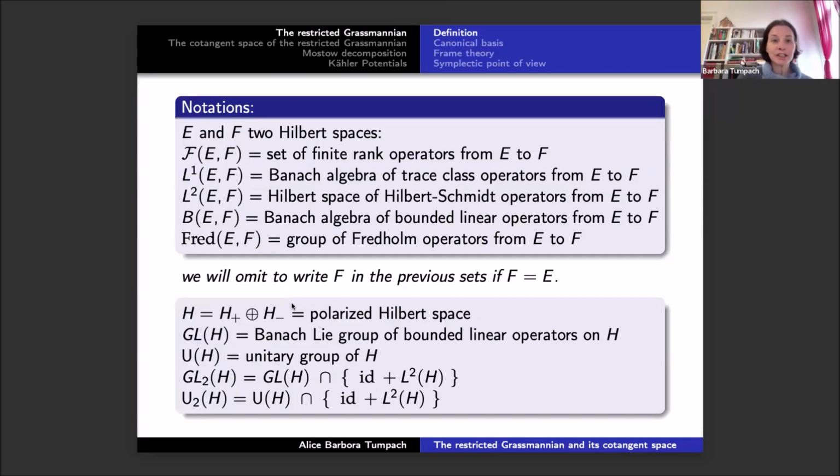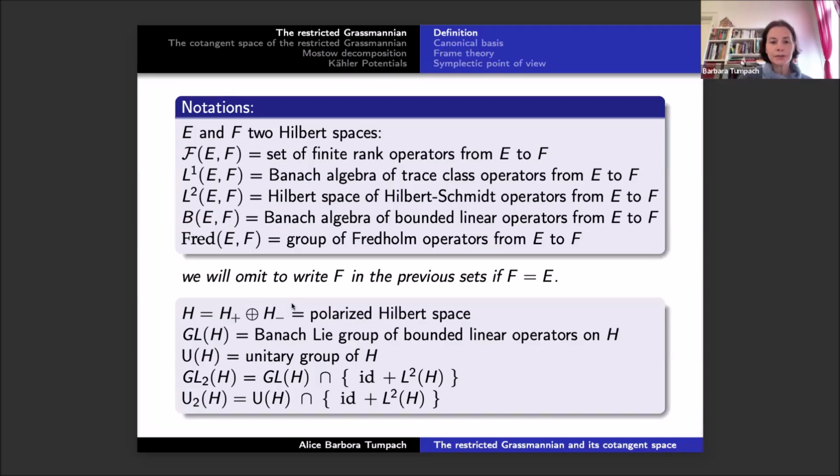So let me introduce some notations. For two Hilbert spaces E and F, F(E,F) will be the set of finite rank operators from E to F, L1 the set of trace class, L2 the set of Hilbert-Schmidt operators, and B will denote the Banach algebra of bounded linear operators from E to F. And Fred will be the Fredholm operators.